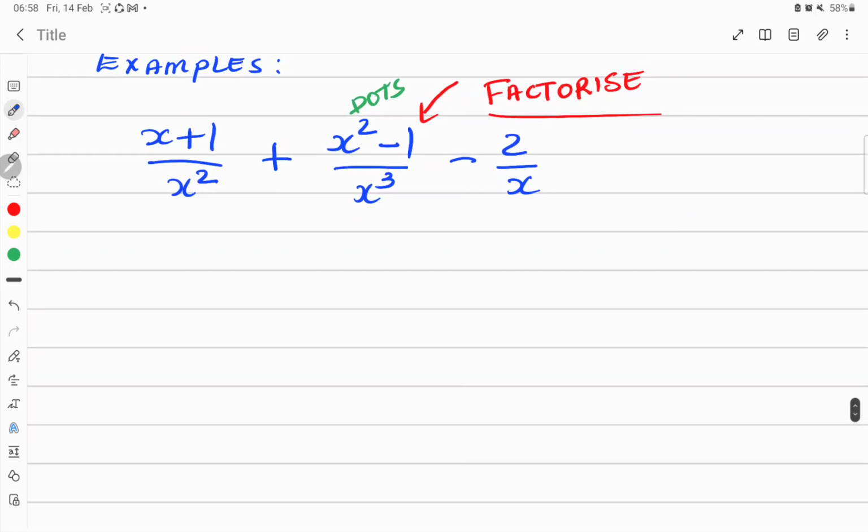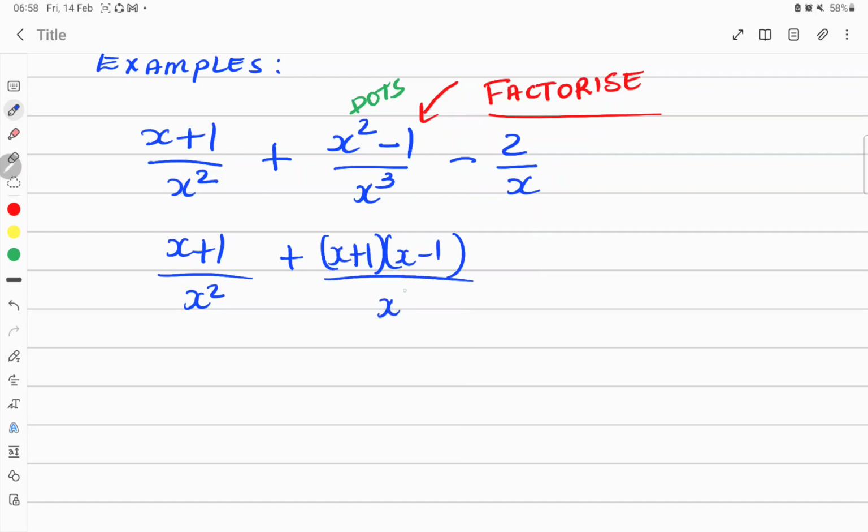Let's factorize first. It's going to be x plus 1 over x squared plus open 2 brackets x plus 1, x minus 1 over x cubed minus 2 over x. Now your LCM or your LCD.